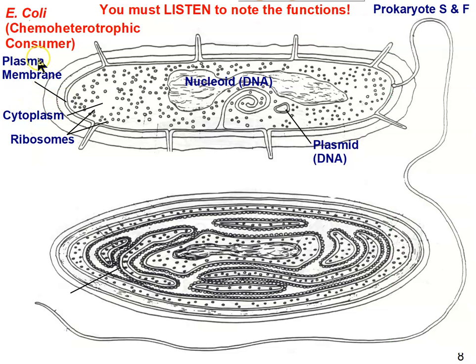It's a lot easier to keep them separate if you say plasma membrane. The function of the plasma membrane is as a selective barrier. In two words, the function is as a selective barrier. It forms a barrier between what's inside the cell and outside the cell, and it controls or selects what can go through from outside to inside or inside to outside. So it functions as a selective barrier.